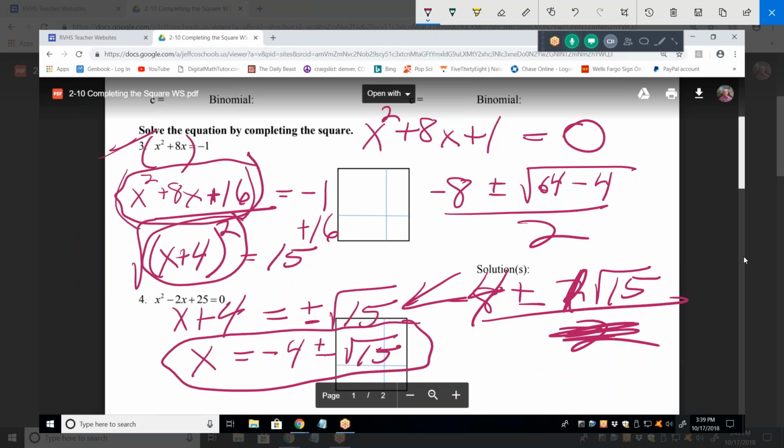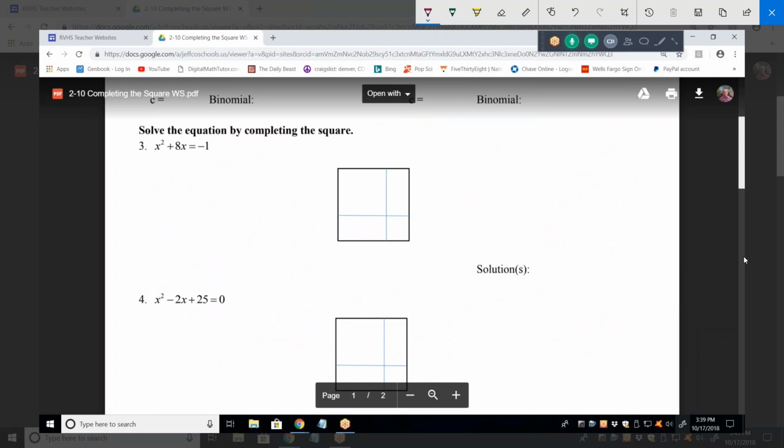Same answer. And in fact, the quadratic formula was derived by completing the square. If you could not remember the quadratic formula, all you have to do is write it out like this.